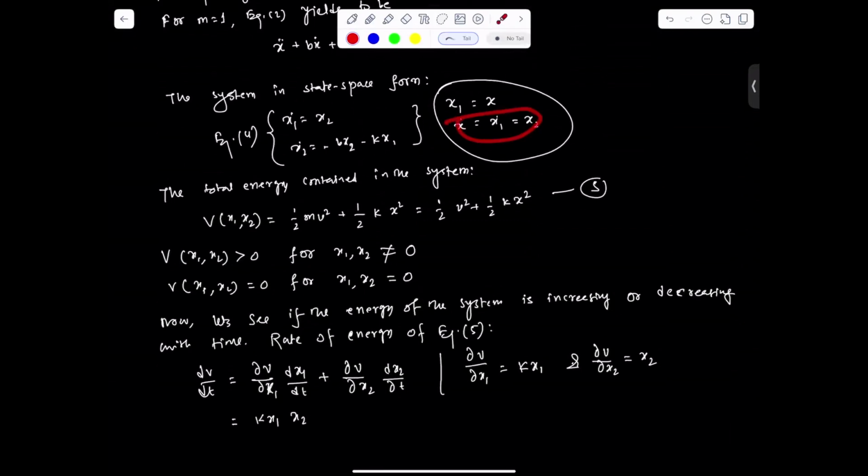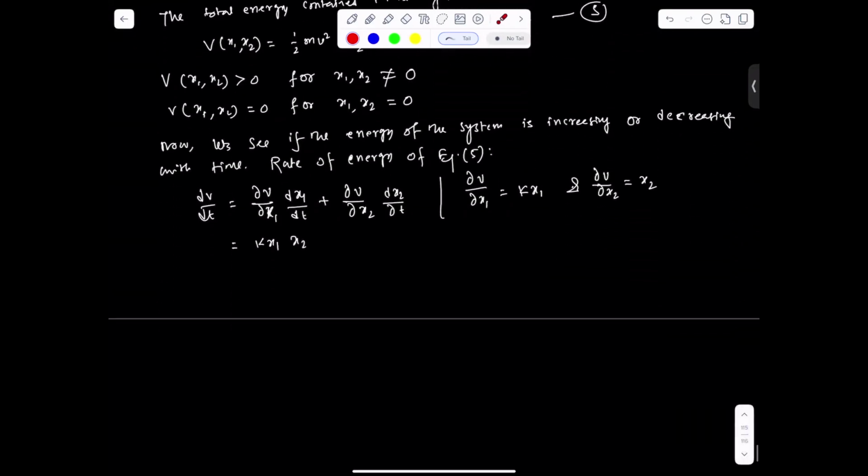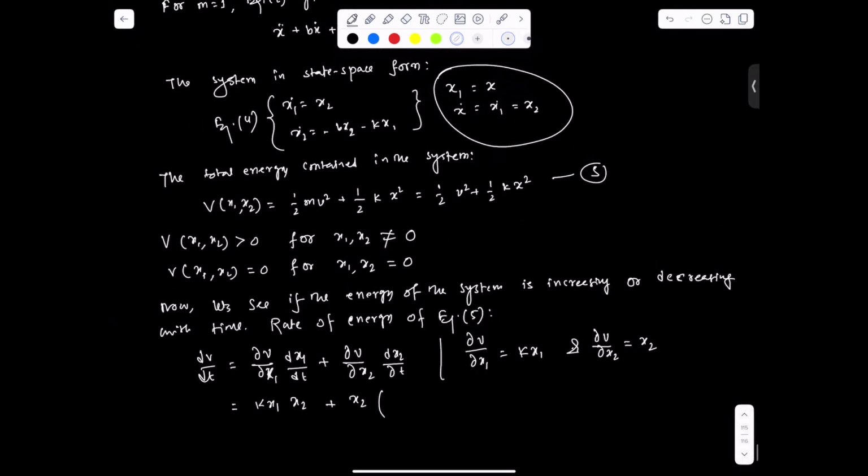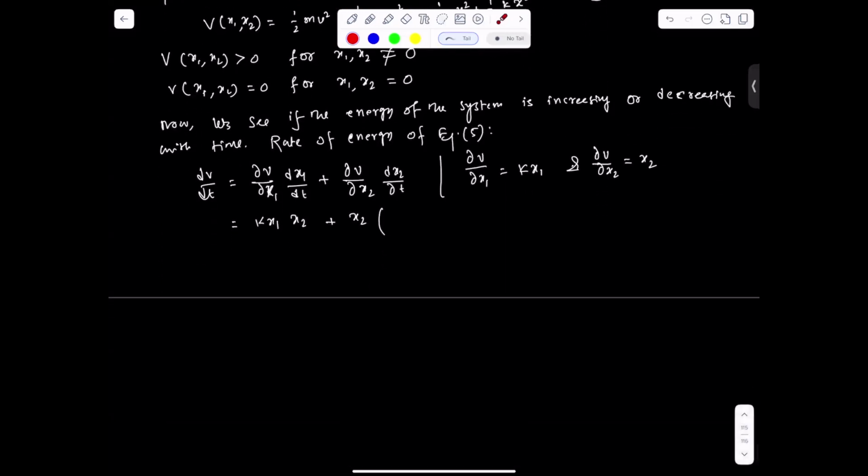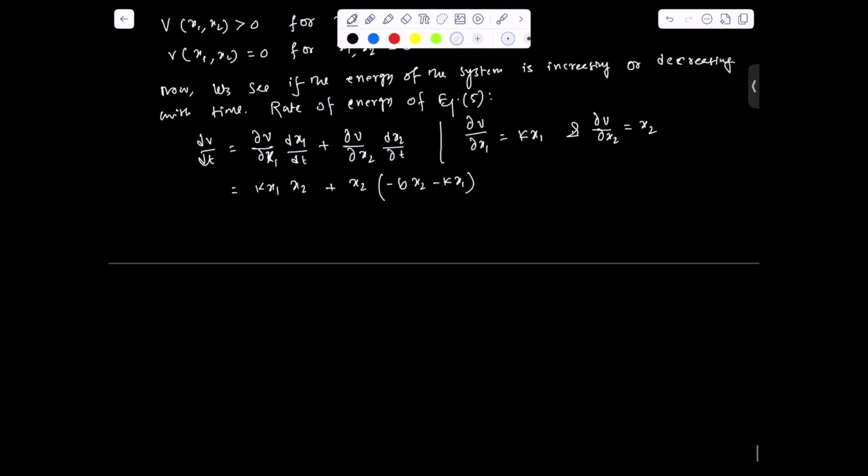Plus ∂V/∂x2 is x2, and x2 dot we have by this expression, minus b x2 minus kx1. Now if we solve this expression, we'll have minus b x2 square.